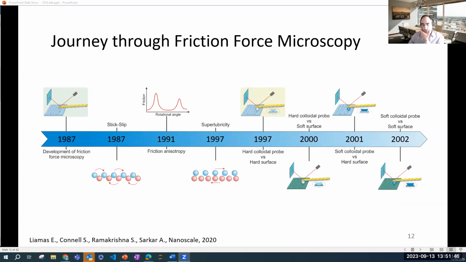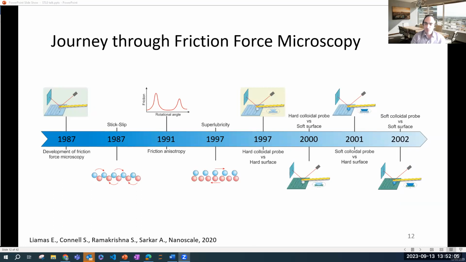Let's take a moment now to see how friction force microscopy evolved. Friction force microscopy is based on AFM. AFM was developed in 1986 by Binnig et al. and was first used to measure lateral forces in 1987.